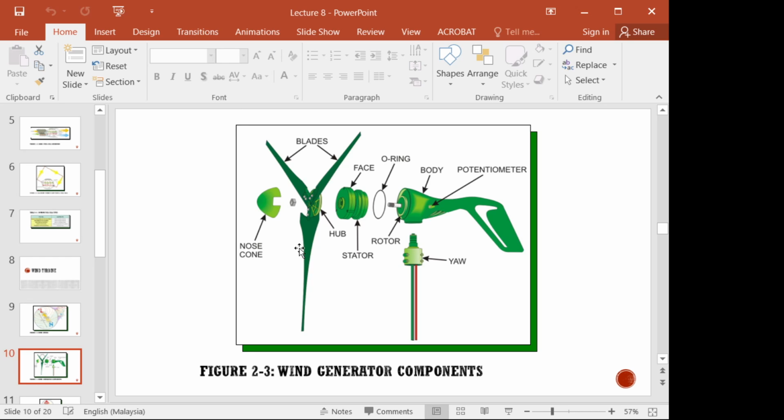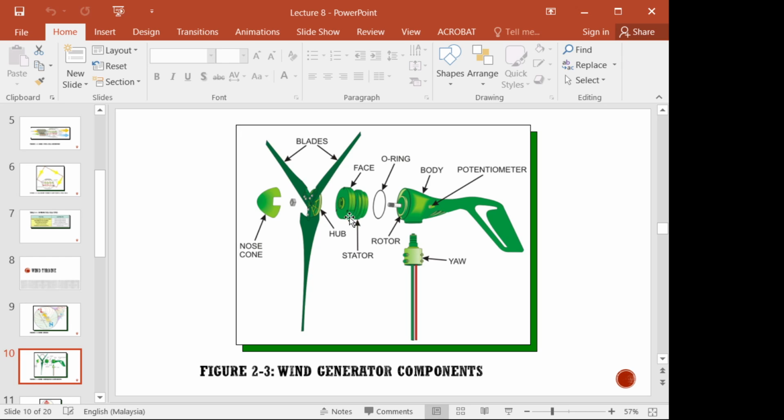Alright, so let's see the components in the wind turbine. Of course we have blades, and the form of the blades depends on the wind pattern in the region. We have the nose cone as a closure to the blades.